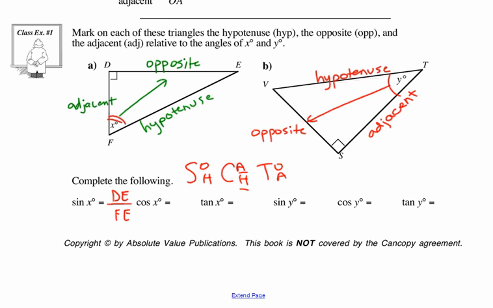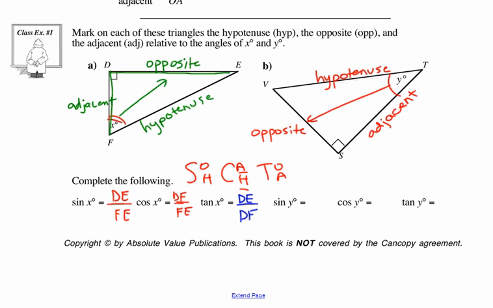So adjacent is side DF and hypotenuse is DE. Oh, that doesn't seem right. Hypotenuse is FE. Let's change that. Okay. Tan is opposite side divided by the adjacent side. So opposite is DE divided by adjacent, DF.